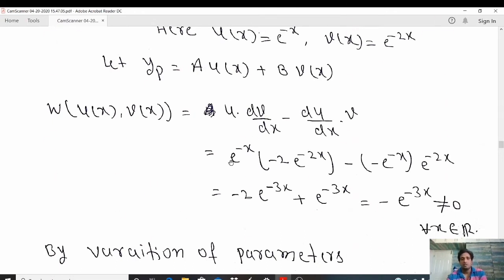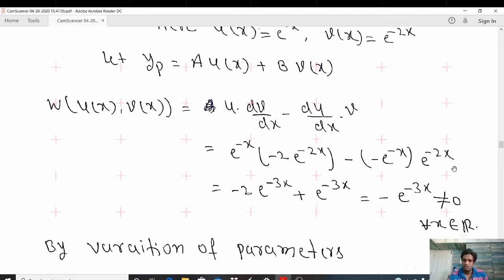So the value is e power minus x, dv by dx is minus 2 e power minus 2x, and du by dx is minus e power minus x, as u is e power minus x and v is e power minus 2x. If you simplify this, it is minus e power minus 3x, which is not equal to 0.